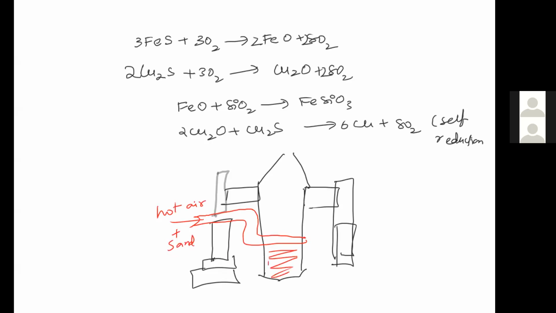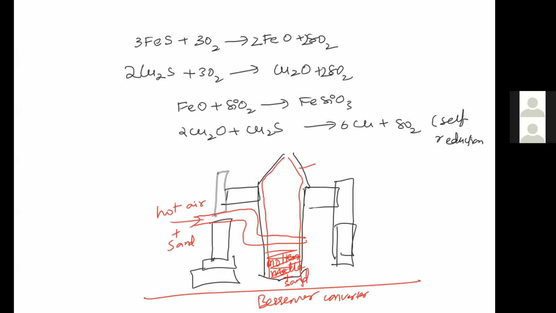This is molten matte plus sand. This is Bessemer converter. The lining of it. Lining is acidic lining. Acidic lining is SiO2 lining. All the waste gases come out like this.